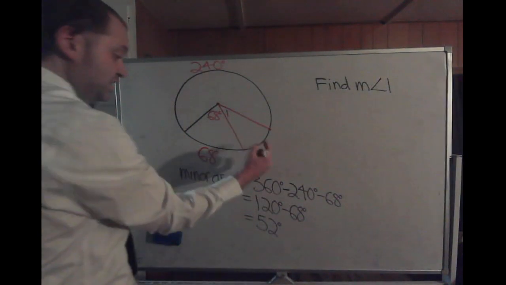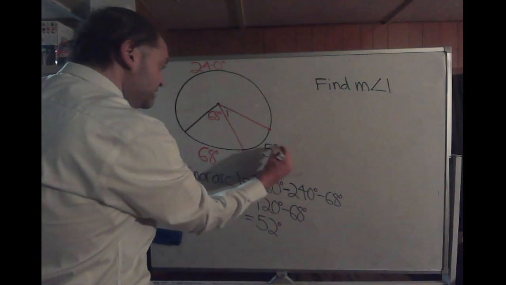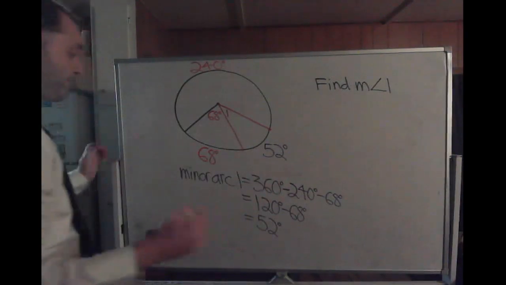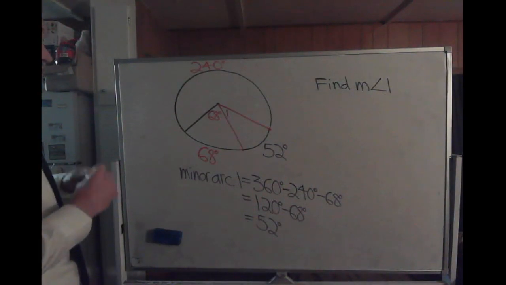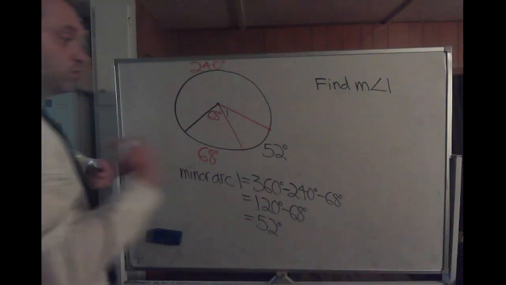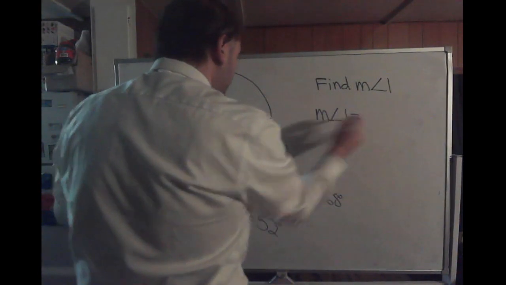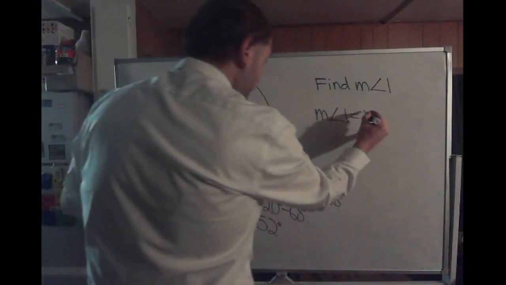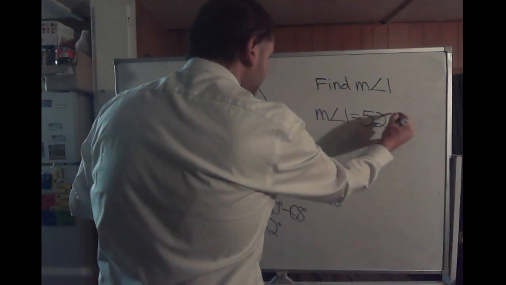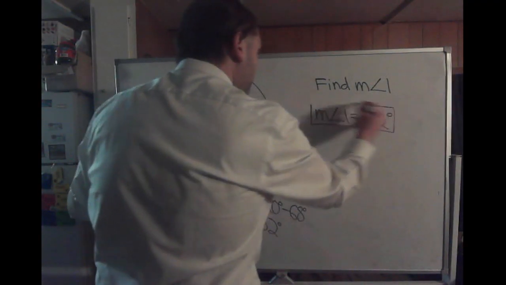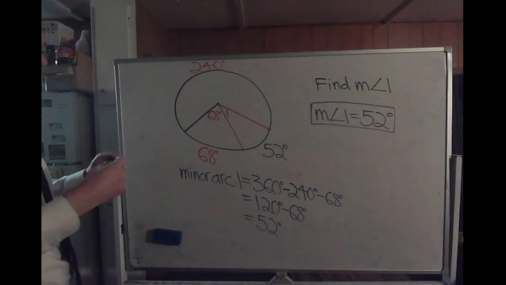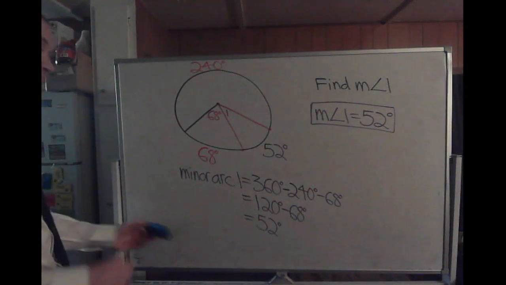So the measure of this minor arc is going to be 52 degrees, which would have to mean then that the measure of angle 1 is also 52 degrees, since the minor arc it's attached to is also 52 degrees. So the measure of angle 1 would in fact be 52 degrees in this case.